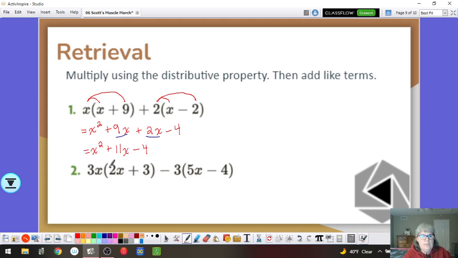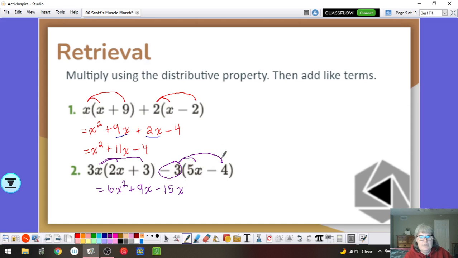We can do the same thing with example 2. We're going to distribute. So 3x times 2x, that is 6x squared. 3x times 3 is plus 9x. When you distribute the 3 with your next set, distribute it as a negative 3. So negative 3 times a positive 5x is a negative 15x.